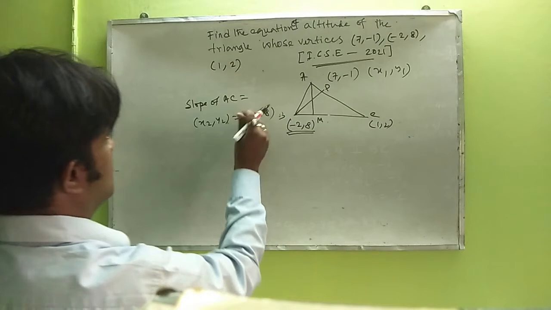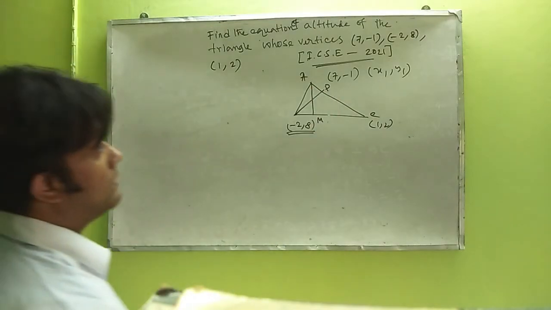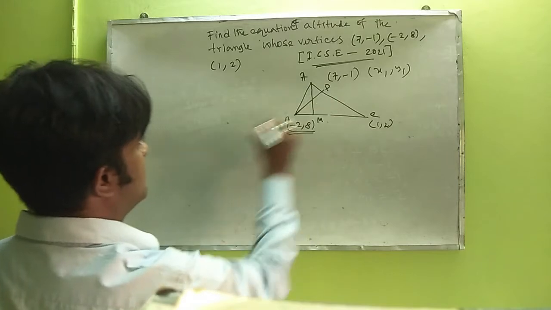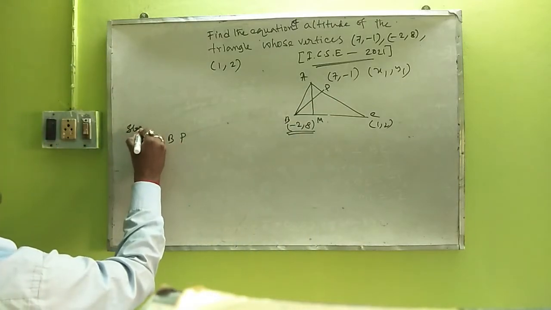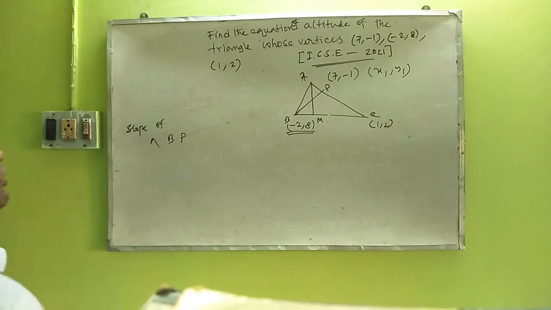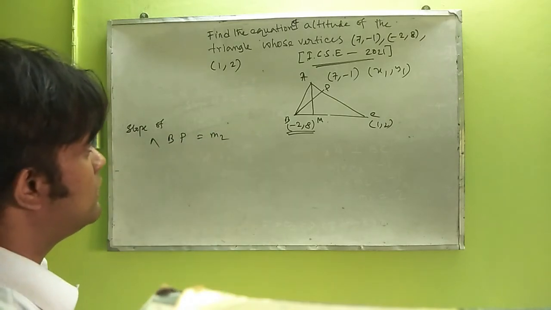So now the equation of BP, which is first the slope of BP, then calculate m2.